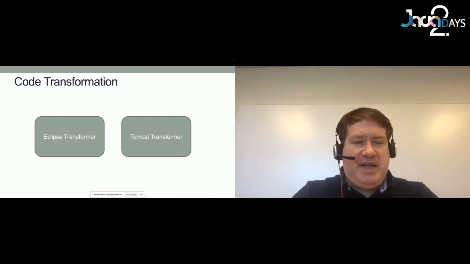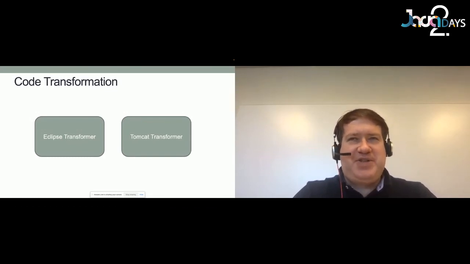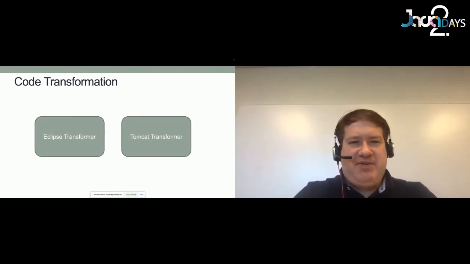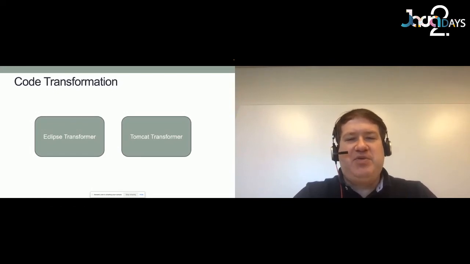And that's a big bang type thing. You have to make all those changes in order to get your code to compile so that you can deploy and test it. It might take a while to work through to make all the changes just to get your code to a point where it compiles successfully and then deploys.